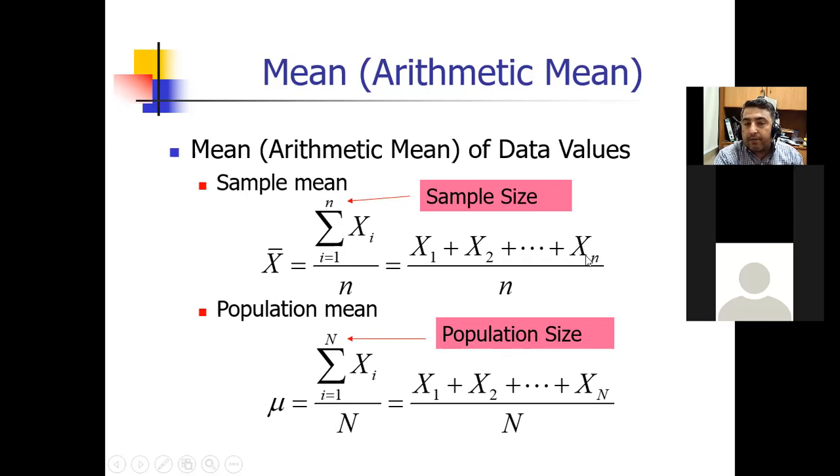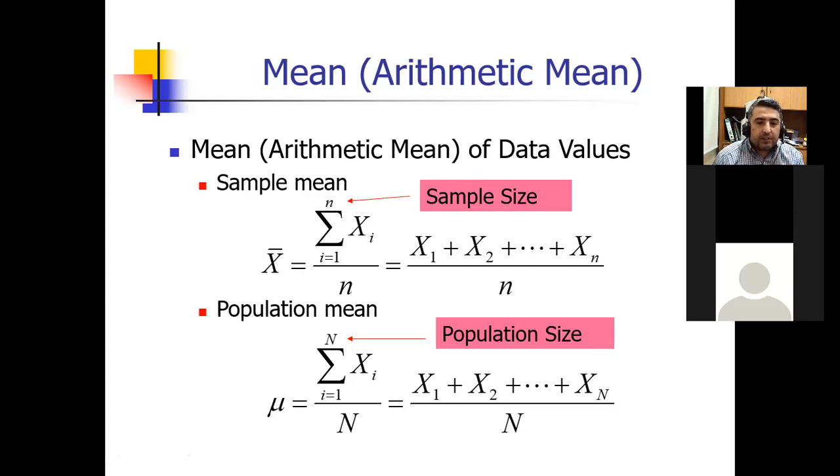Basically we sum all the values and divide by the size of the sample or the size of the population. But customarily, the literature uses different notations for sample mean and population mean. In effect they are not different from each other, but the sample mean uses all the sample values, and the population mean uses all the population values.